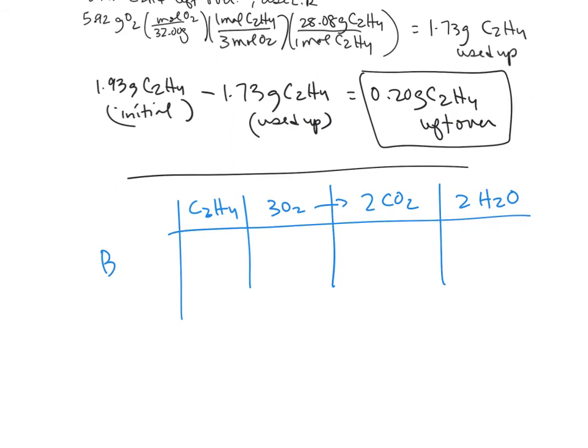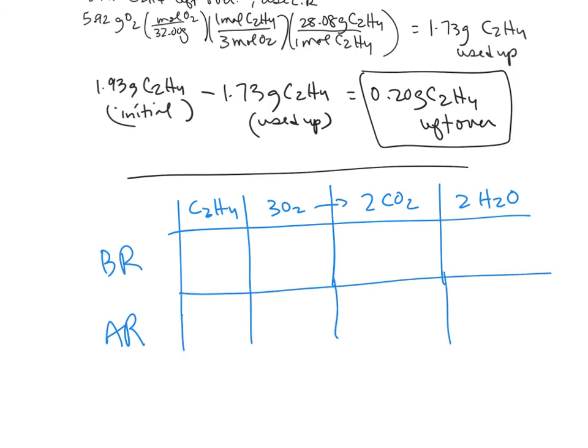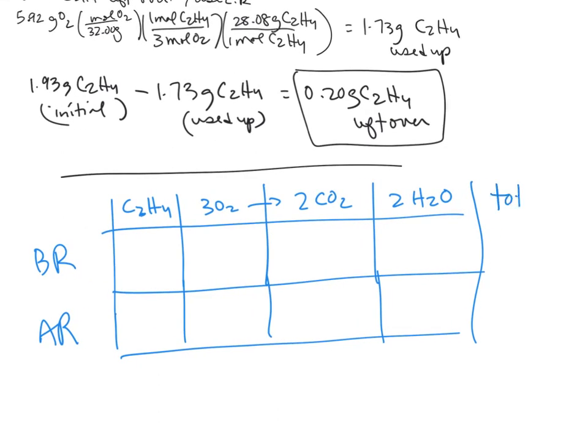So before the reaction, and then after the reaction, and then we want to look at the total mass. Okay, so we had 1.93 grams of C2H4, 5.92 grams of O2, 0 grams of CO2, and 0 grams of H2O to start with.